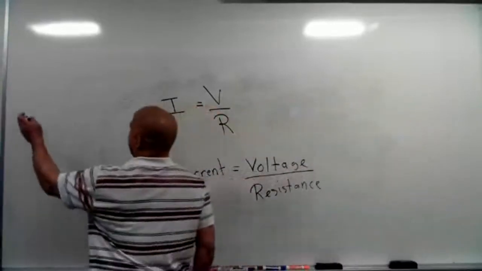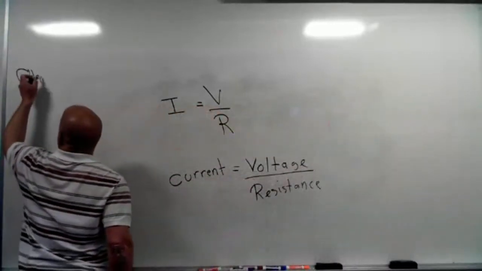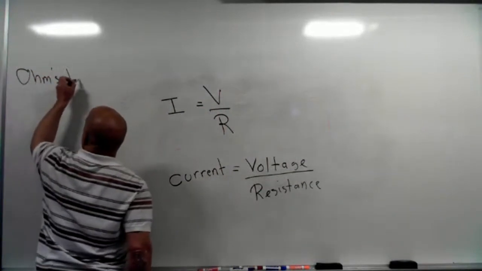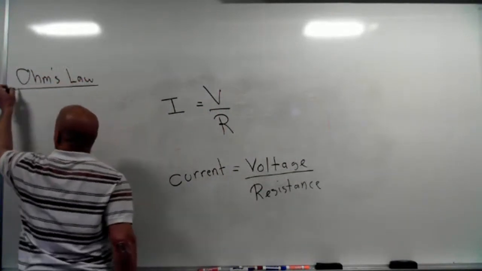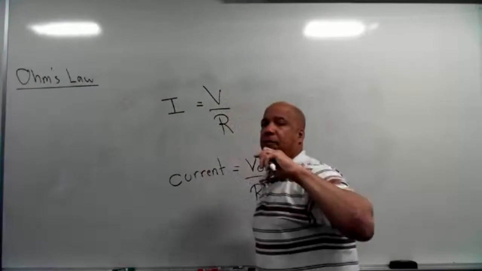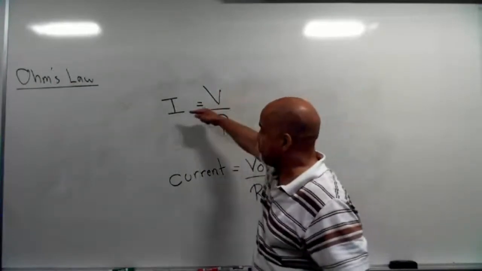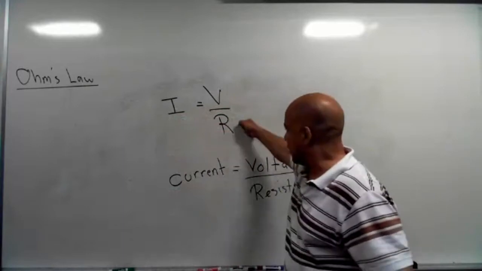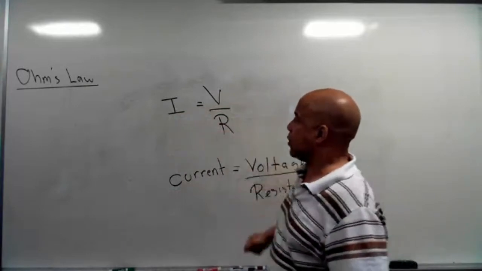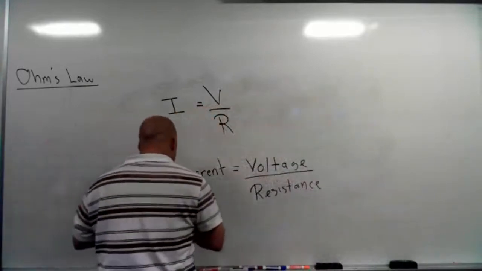And this is the way we express Ohm's law. So Ohm's law, the standard way of representing Ohm's law is like this, because I have cause here, I have effect over here, I have the opposition here. So I want to make sure I remember Ohm's law in that form.